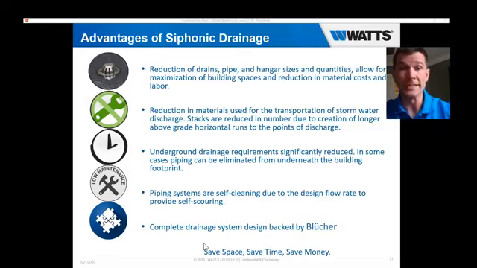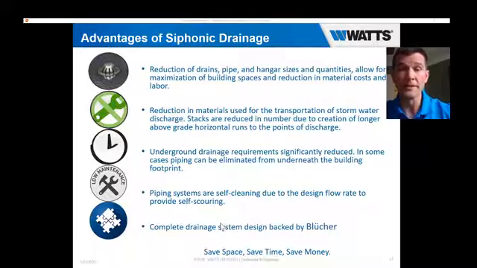So that's a big difference in installation time and labor. There's also a reduction in materials, even for the transportation of discharge and the underbedding that goes underneath the system, because you're allowing a longer horizontal pipe to go to one collection point, maybe 2 on a system, compared to a gravity system that would use 2, 4, maybe 6, depending on the building layout.